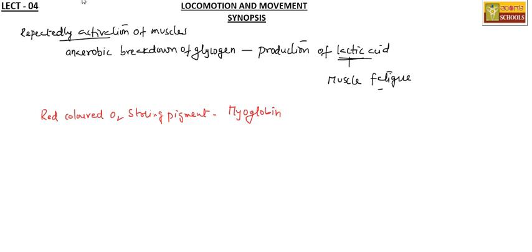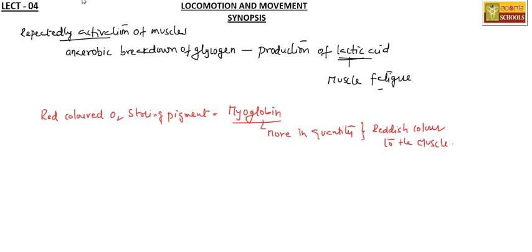A high content of this myoglobin in some muscles gives them a red appearance. If the myoglobin is more in quantity, it will give a reddish color to the muscle.